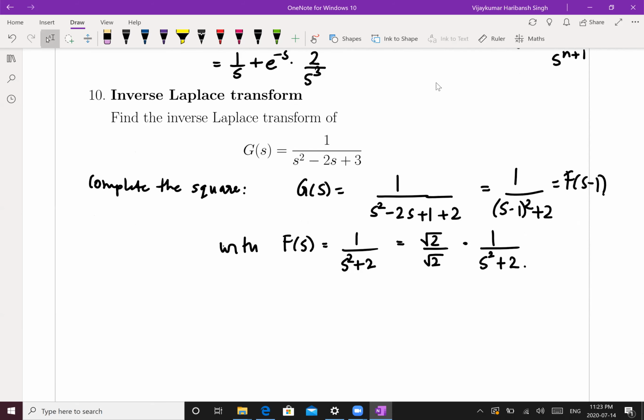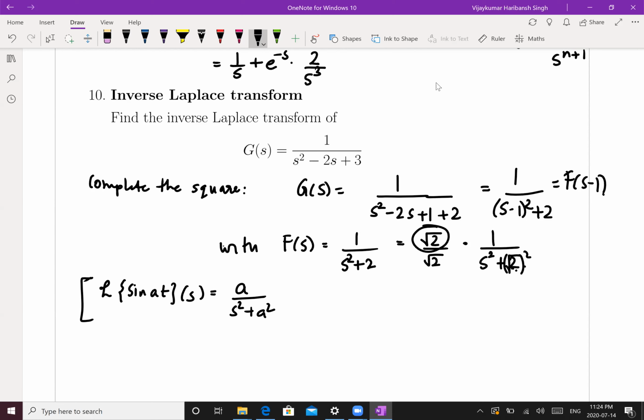Now, why are we doing this? Because here we are thinking about the Laplace transform of sine of at, which at s is a upon s squared plus a squared. So that's why I multiplied it on top by root 2, because this term can also be written as the square root of 2, squared. So this is the connection.